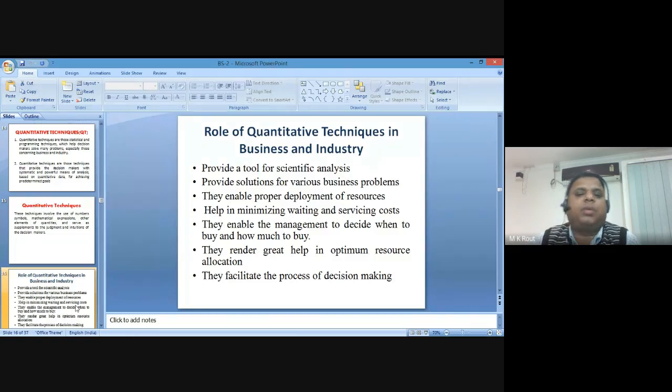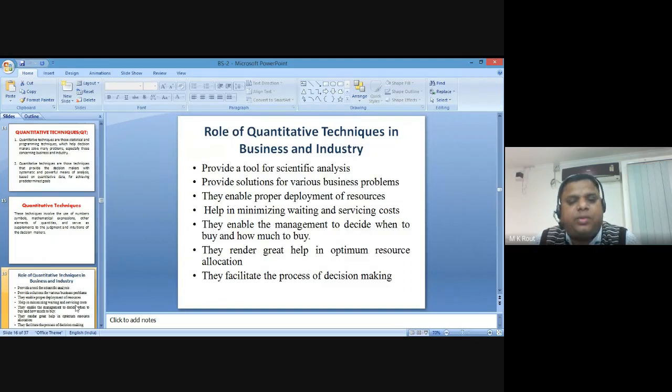Let me repeat those points. In case of quantitative techniques, with special reference to business or industries, it is a tool for scientific analysis, provides solutions for business problems, enables proper deployment of resources, minimizes waiting time, and reduces cost. It enables management to decide the best option, how much to buy, what to buy.